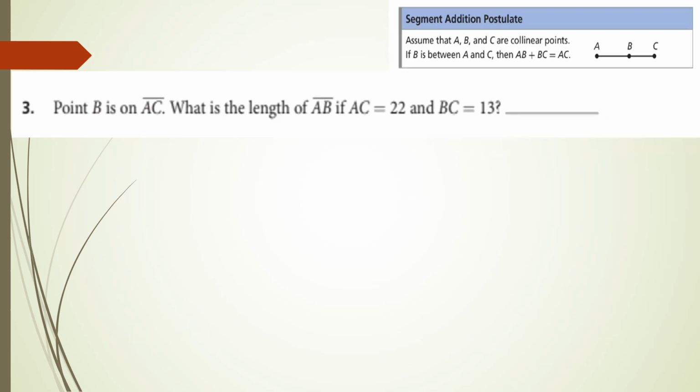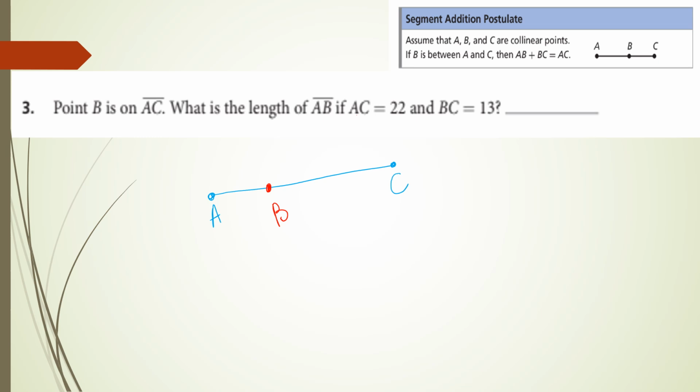Let's try to understand. The point B is on AC. So there is a line segment, the starting point is A and the ending point is C, and there is a point B on AC. B could be anywhere, okay, B is here.